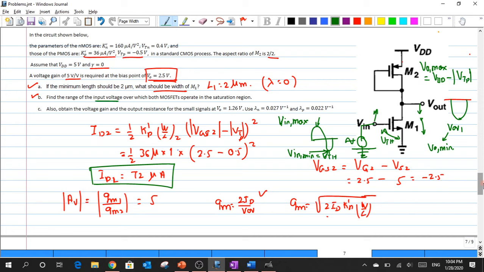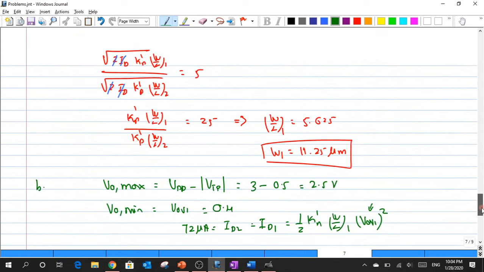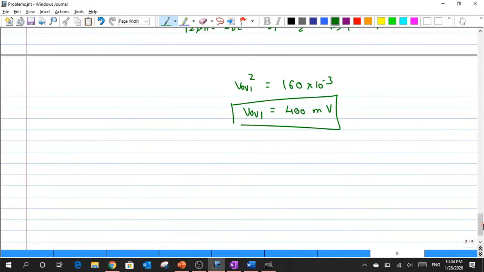I have already explained all of these concepts with the animation for a CMOS amplifier with a resistive load, so I will not explain much, but the point is that I could relate this Vin max with respect to VO minimum value through a threshold voltage. So I'm going to make use of that in order to compute it.